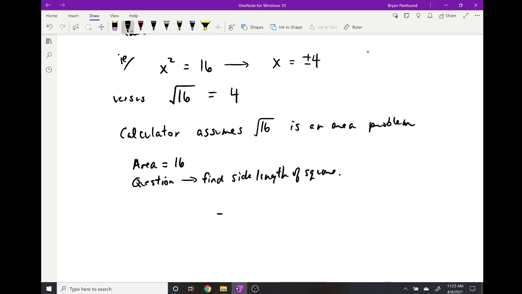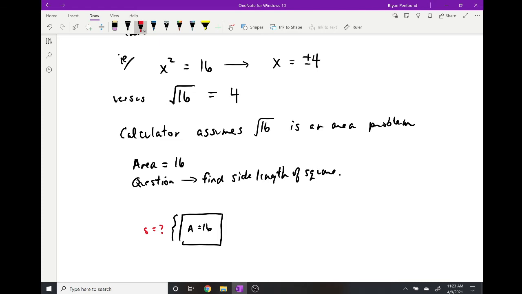In other words, if I were to draw a square and plot down the area equal to 16, the calculator is trying to figure out what is the side length of this square. The side length of this square is technically called the square root in our current day terminology.